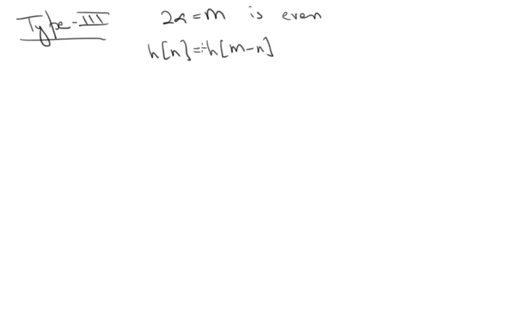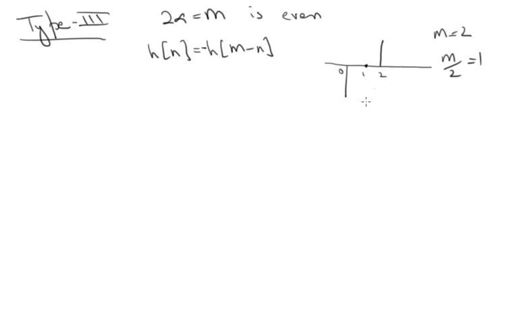You have odd symmetry this time. It is also known as antisymmetric. Let's suppose you have a waveform like this one. Zero, 1, 2. Here m is equal to 2, and m by 2 is equal to 1.